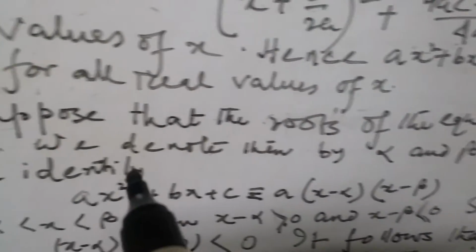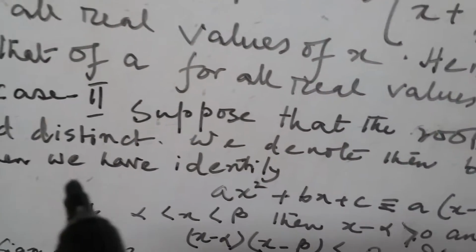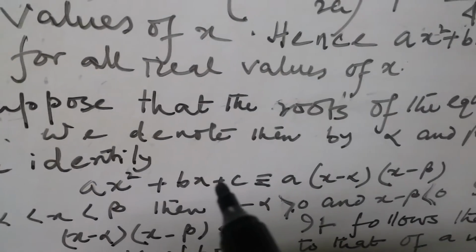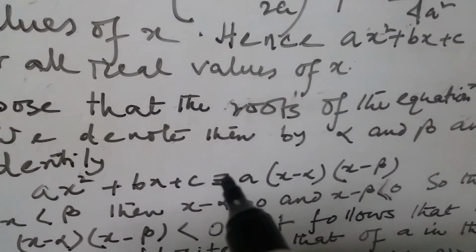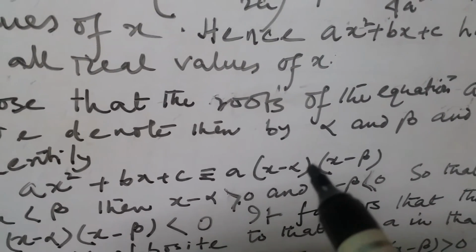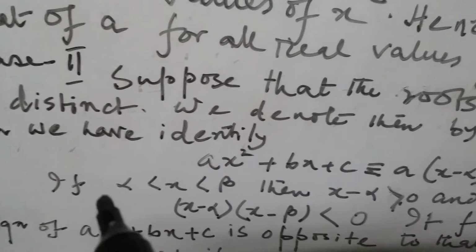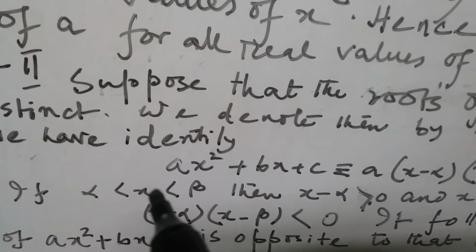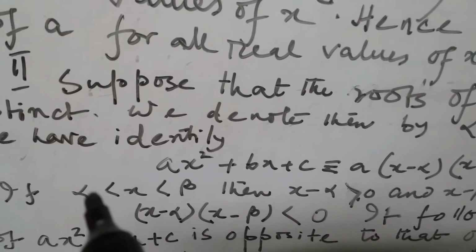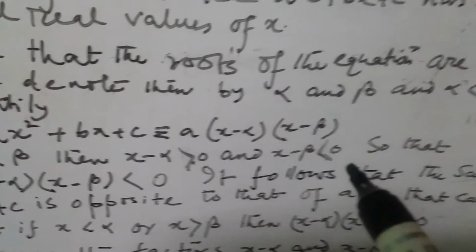Then we have the identity ax square plus bx plus c equal to a into x minus alpha into x minus beta. So if x is greater than alpha and less than beta, then x minus alpha is greater than 0 and x minus beta is less than 0.